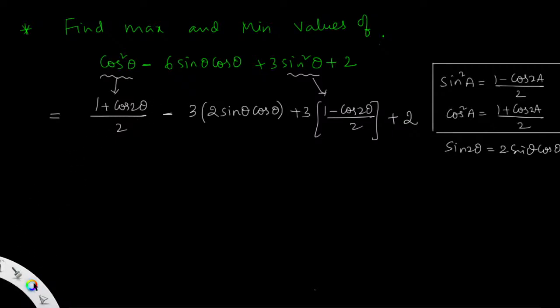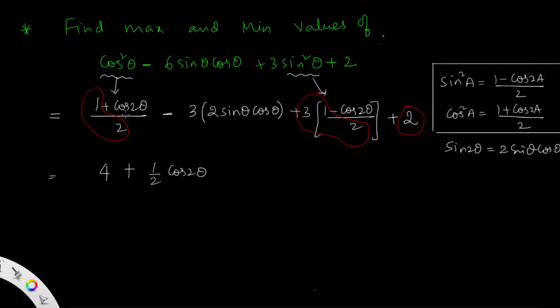Here 1 by 2 is there, here 1 by 2 is there, and here 3 by 2 is there. 3 by 2 plus 1 by 2 plus 2 also is there. Total value becomes 1 by 2 plus 3 by 2 plus 2. 1 by 2 plus 3 by 2 is obviously 2, 2 plus 2 is 4. Okay, 4 plus 1 by 2 cos 2 theta.